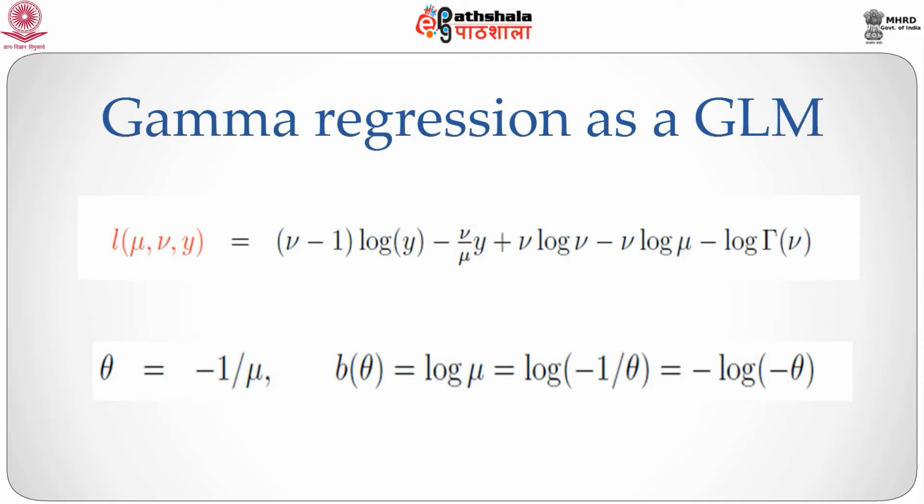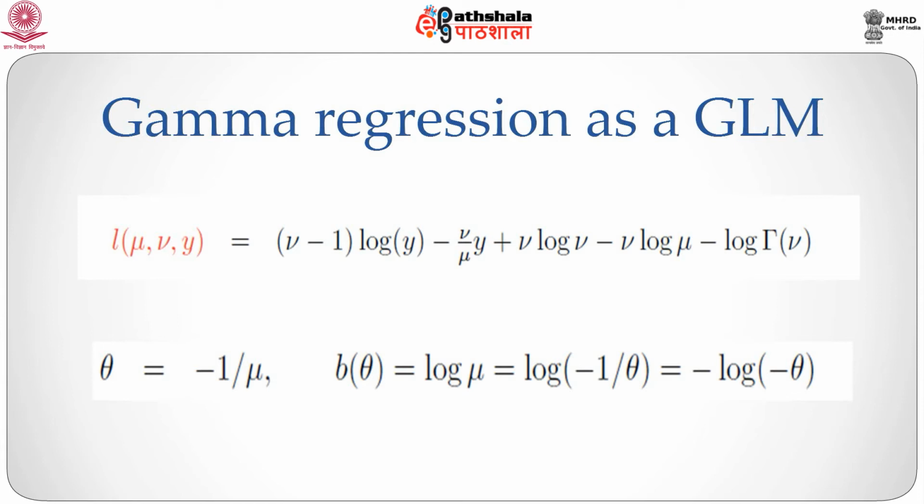Or rather, if we define φ as the dispersion parameter, then φ is equal to 1 over ν. The function b(θ) is given by b(θ) equal to log of μ equal to minus log of minus θ, which means that the expectation is given by the first derivative, which turns out to be minus 1 over θ.